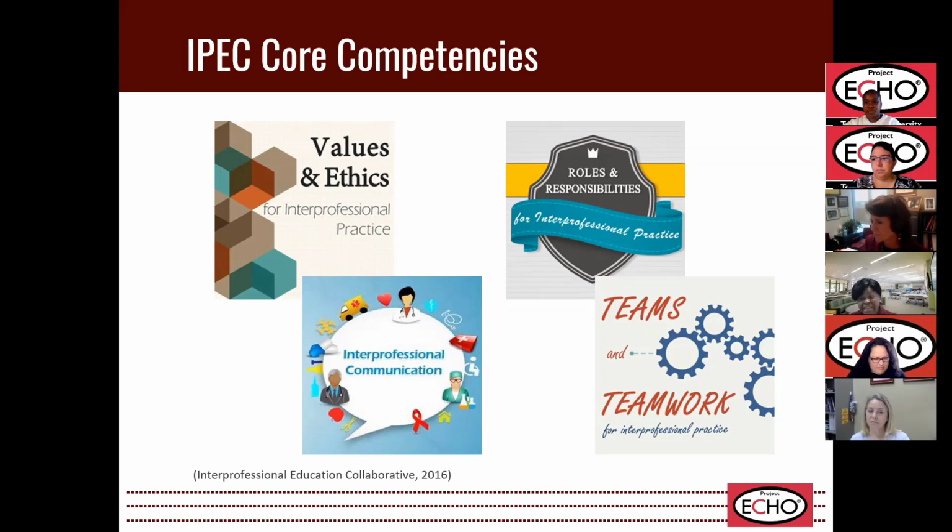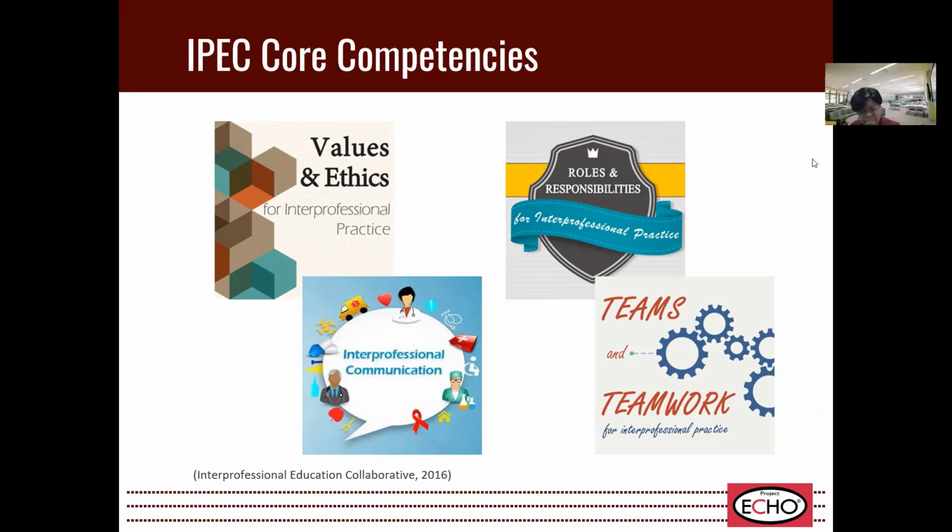When it comes to the third bucket, interprofessional communication, we want to communicate with patients and other stakeholders in a way that is responsive, respectful, and responsible, and that supports a team approach and the maintenance of health of whichever population we're serving.